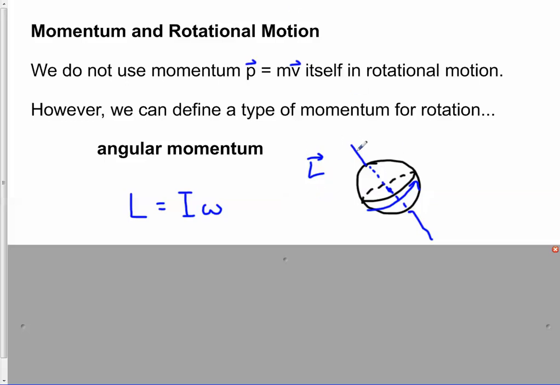And the L vector points along the axis. It points along the axis, which is weird. If I drew a disk, so we're looking straight down at the flat disk, and if it were rotating this way, then actually the axis is coming out at you from the screen, right?